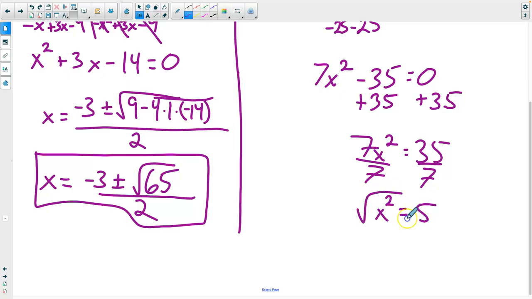Now I'm going to do the square root because you already told me to do the square root, and I get x equals what?